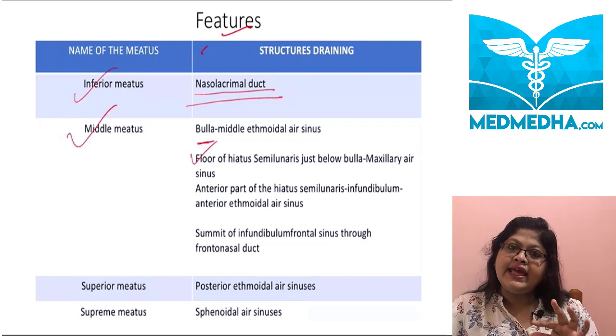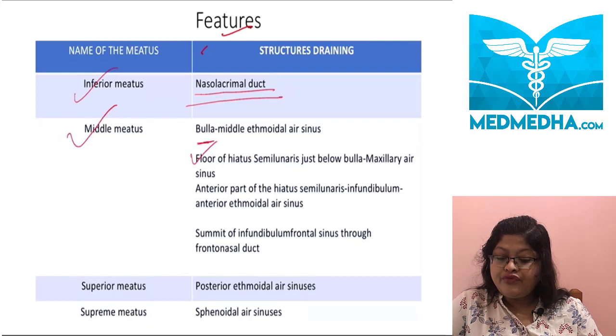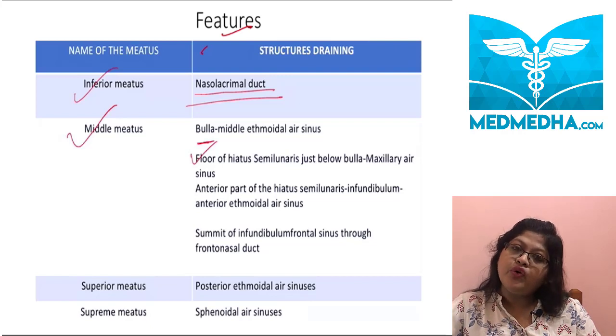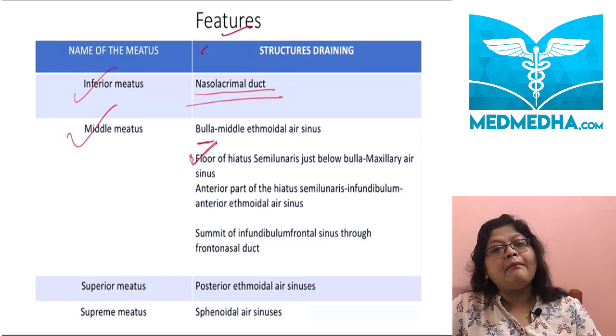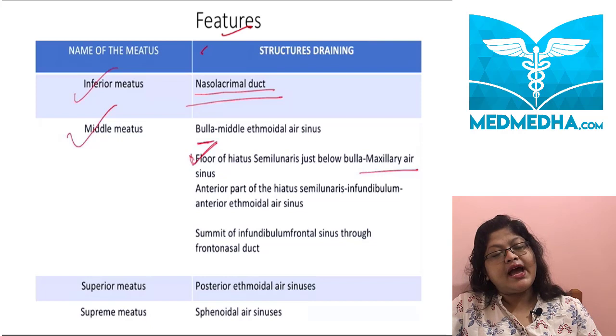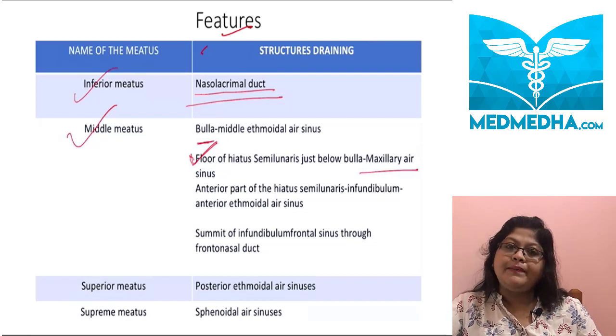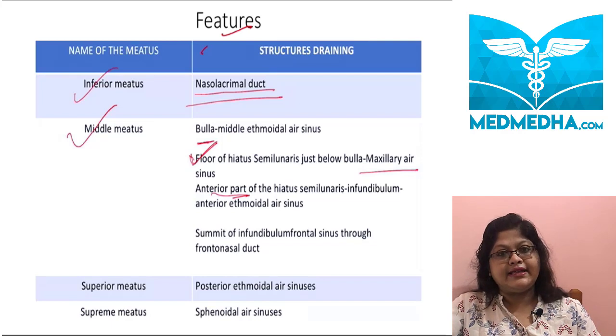So there is a slit-like gap below the bulla ethmoidalis, and the floor of that gap, which is the floor of the hiatus, will have the opening of the maxillary air sinus. The anterior part of the hiatus semilunaris will have the opening of the anterior ethmoidal air sinuses.